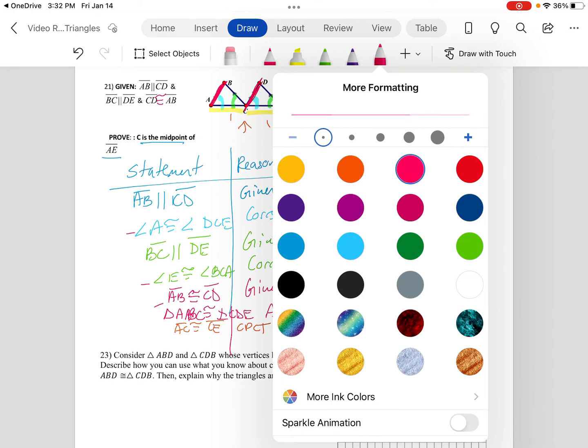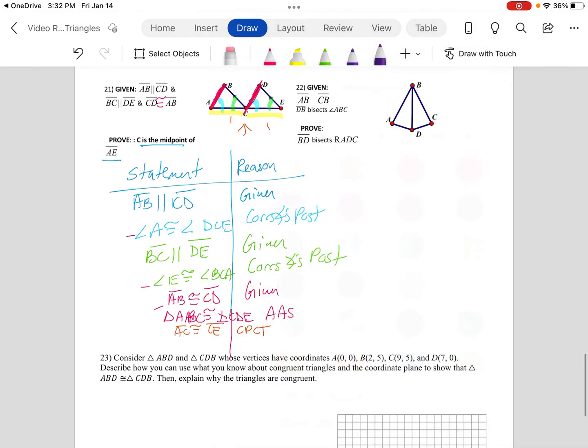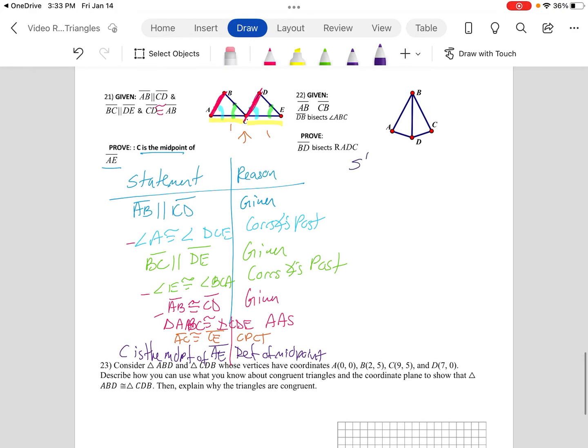So therefore, C is the midpoint of AE by definition of midpoint. And that's it.